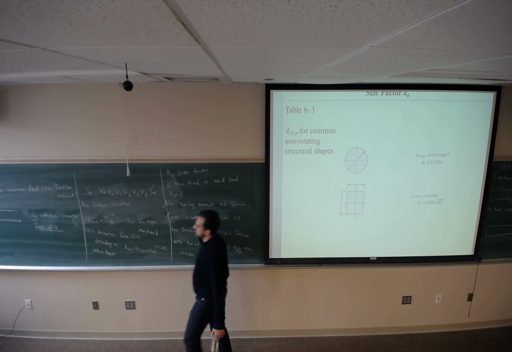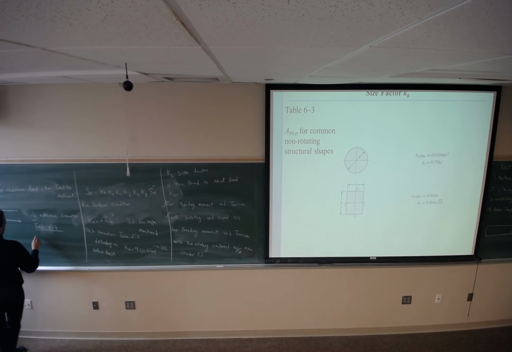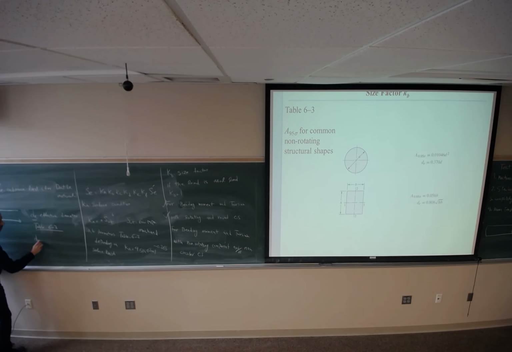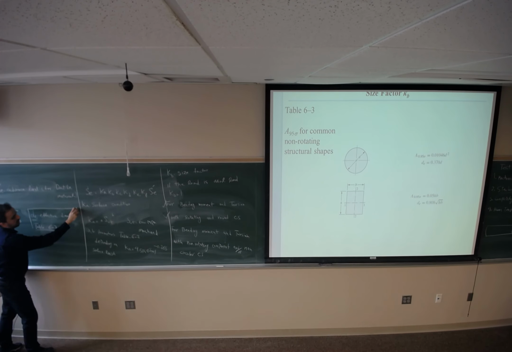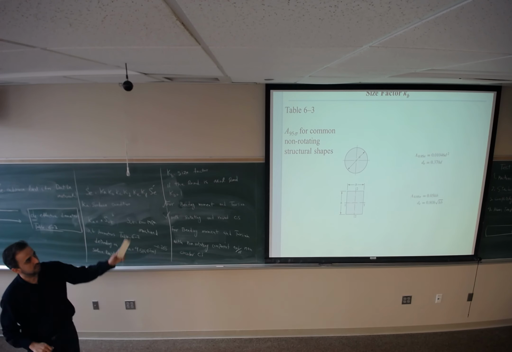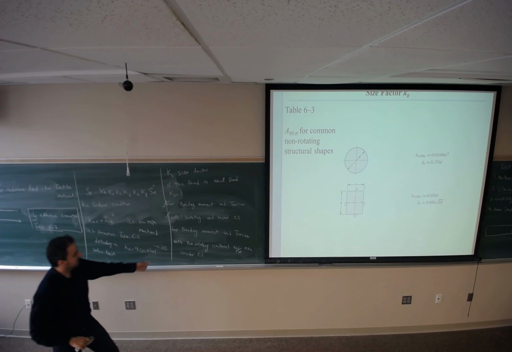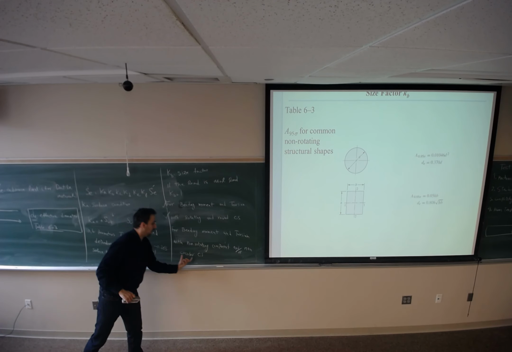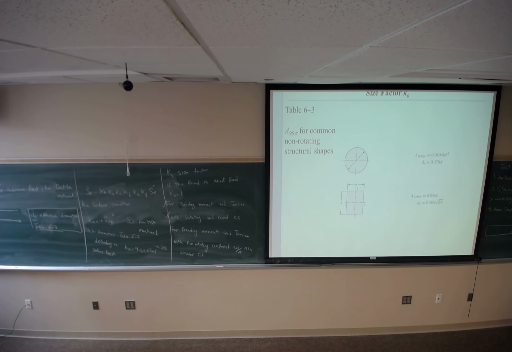The book has discussed how to find DE, but we don't go through the details. We are just using table 6.3. Table 6.3 has some other cross sections that you can use. I just have these two for either non-rotating and or non-circular cross section. Make sense? All right.